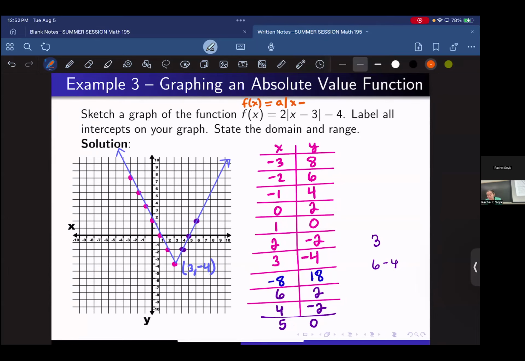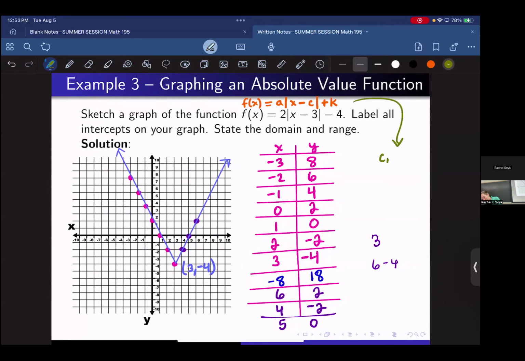They use C and K, so I'll keep it in those, but some textbooks use H and K, and your H and K is your vertex, but in this case, they have it as your C and K.